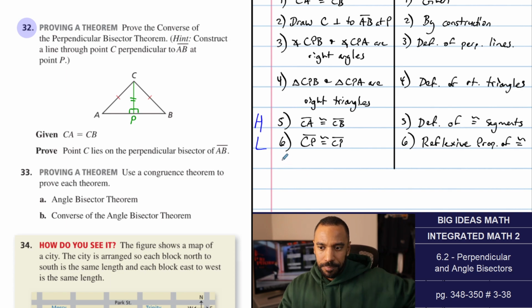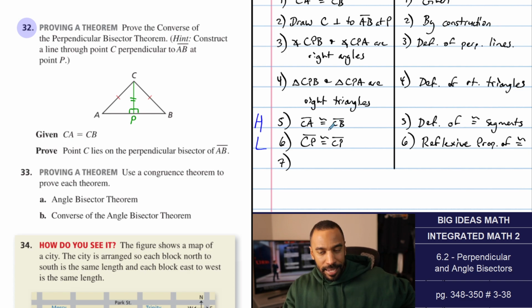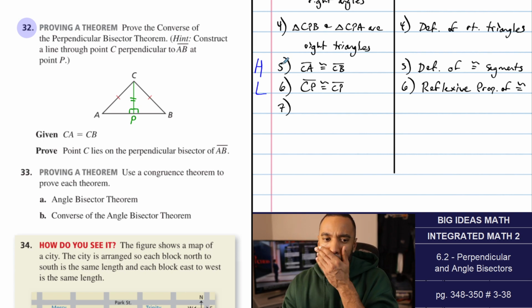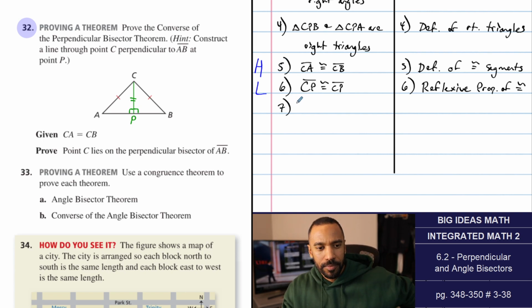Statement 7. I'm sorry, this will be a 9-step proof. There's probably a shorter version of this if I didn't have to do the drawing part. But I think you've got to use HL. I can't see a way that you're not going to, unless I say base angles congruent, isosceles triangle, that kind of thing. I'm not going that route.